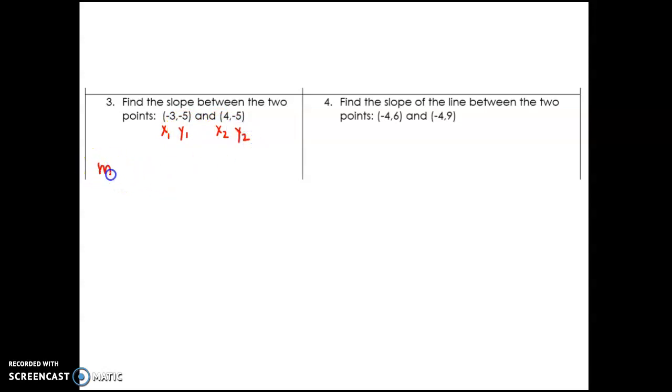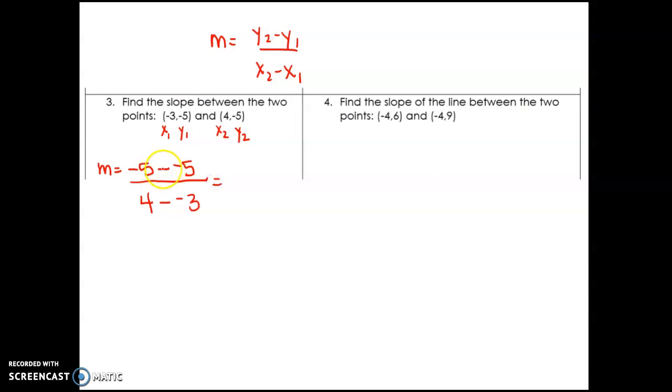So m equals, okay, and I'll rewrite this at the top of the page just in case you need it. y2, negative 5, minus y1, which is negative 5, over x2 minus x1.